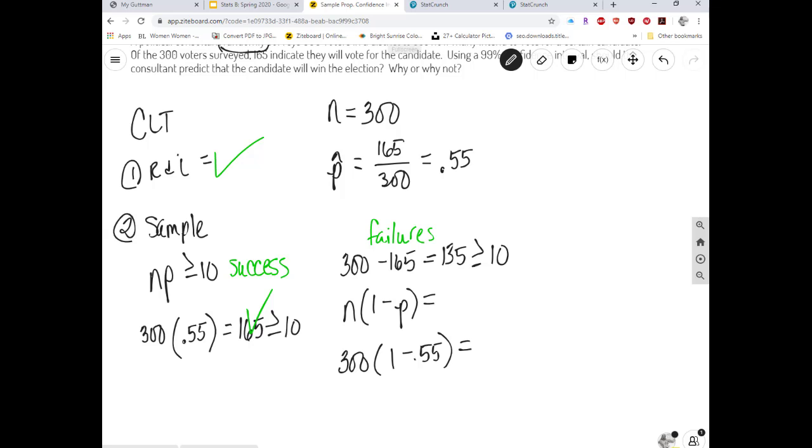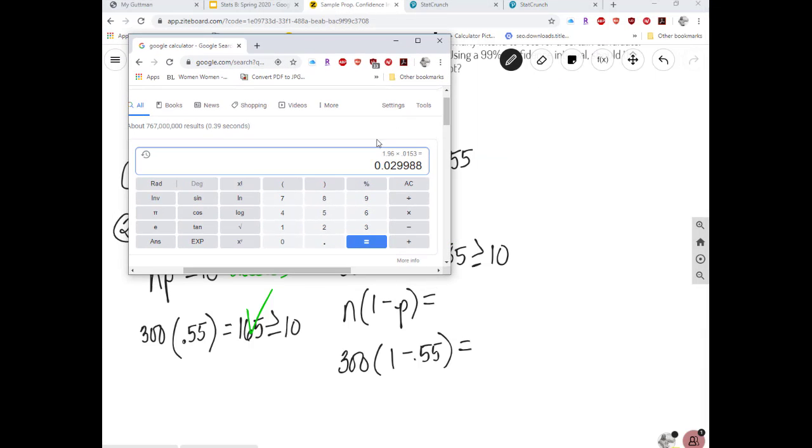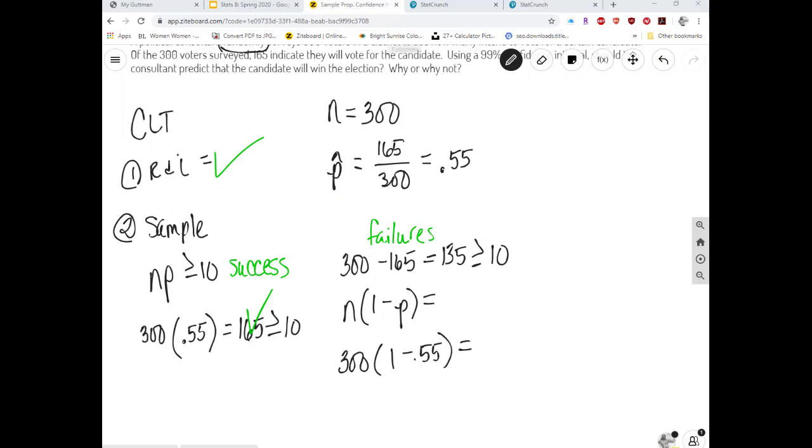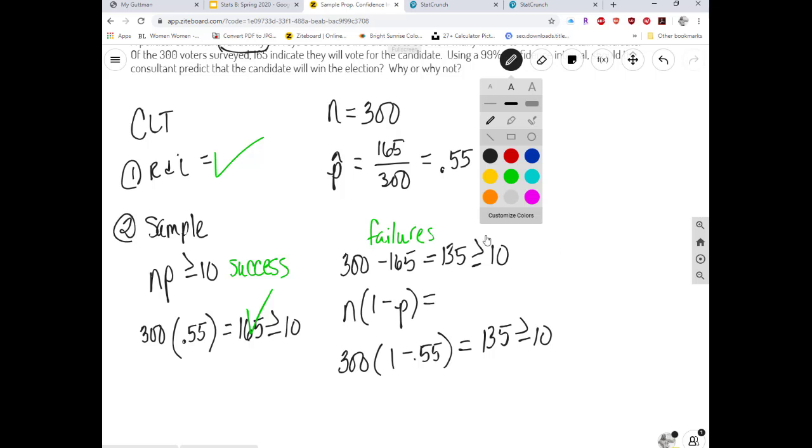In the calculator, 300 multiplied by parenthesis 1 minus 0.55 close parenthesis, I also get 135. So again, you can do it either way. You just want to make sure that it makes sense, and pick which way makes sense to you. Is 135 greater than or equal to 10? It is. So the sample size condition is completely met.